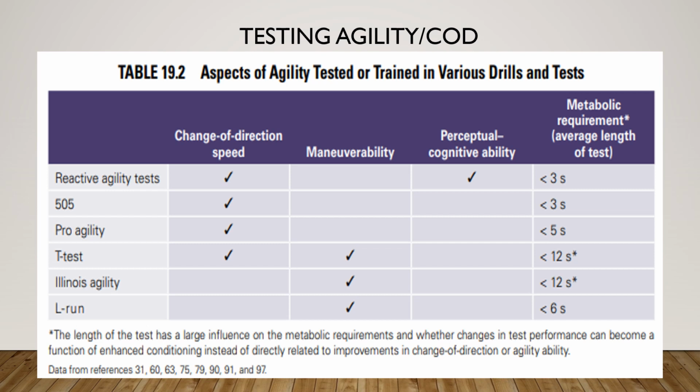But out of all the tests, there's obviously really only one that has both a change of direction component and a cognitive component. So it's important that we know when we're running a test to assess an athlete's either agility or change of direction capabilities, that we know what the actual test is measuring.